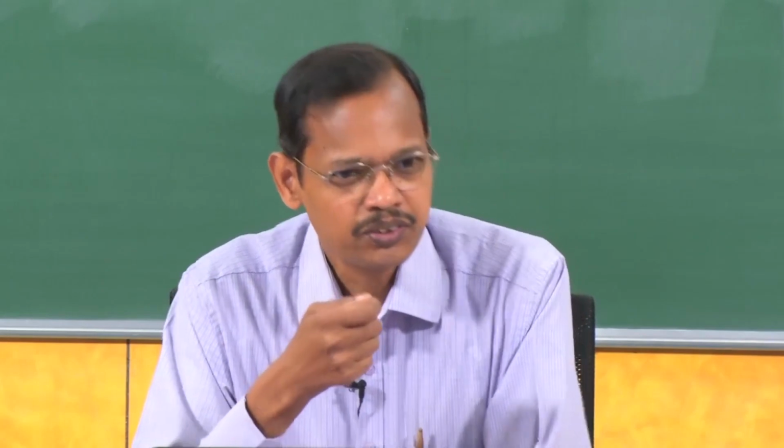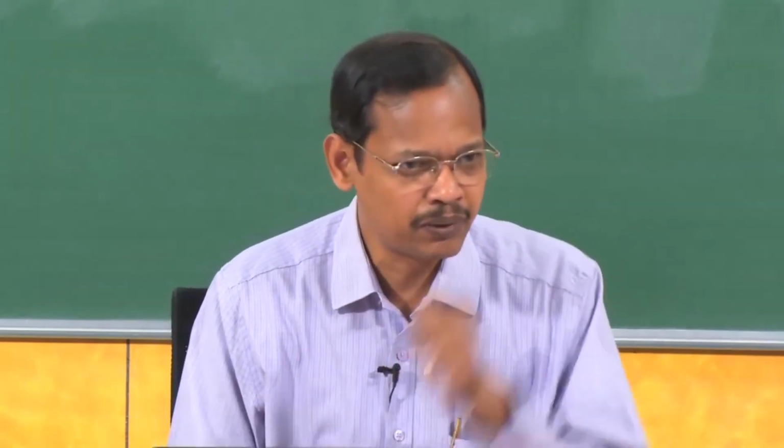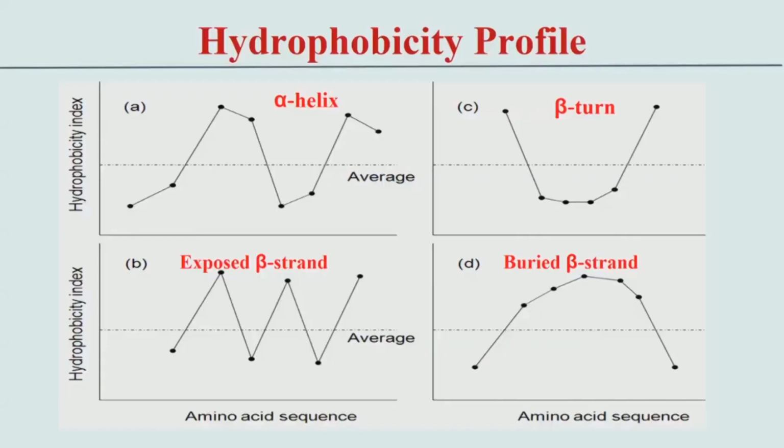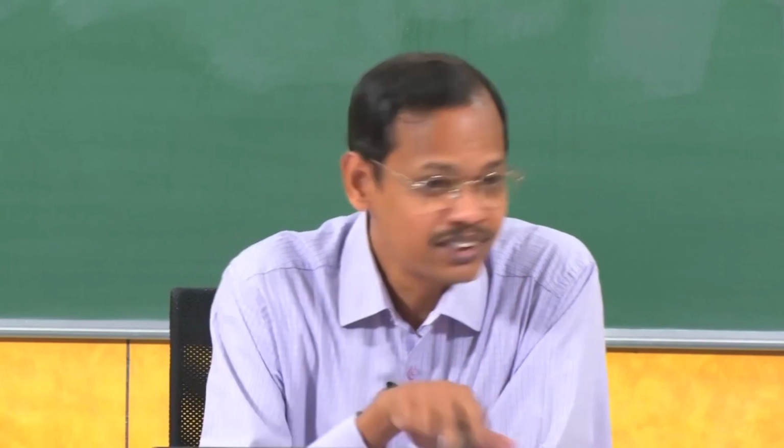As we know, helices have 3.6 residues per turn, and if these residues are amphipathic, spanning 2 different phases, with 2 in one phase and 2 in another phase, based on that they derived a specific type of pattern. This can work only if the helices are amphipathic in nature. If the helices are not amphipathic, then we cannot see this pattern.